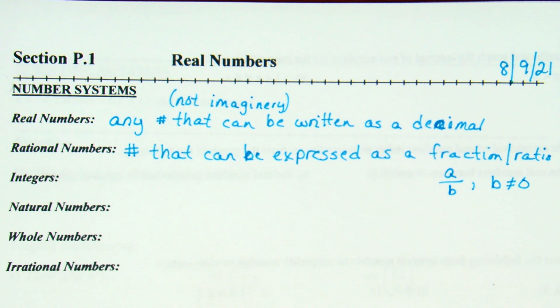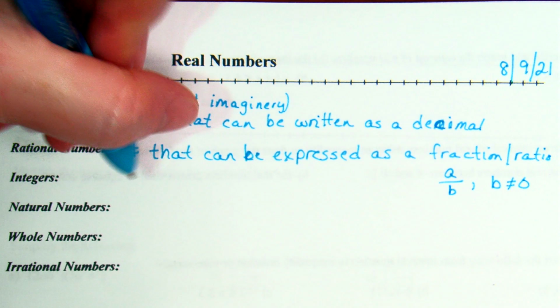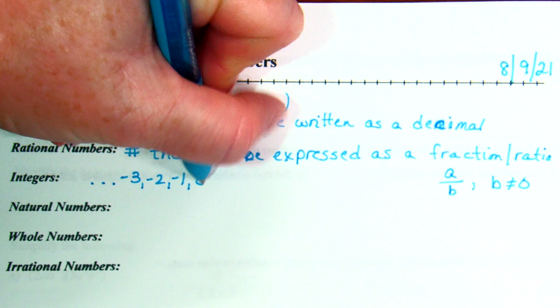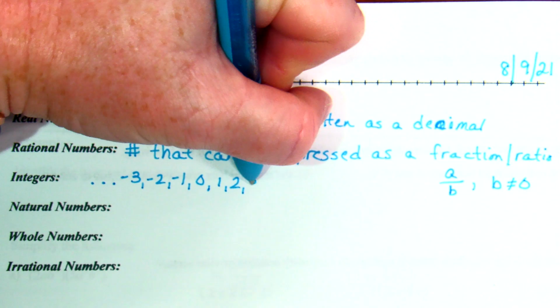Now, officially, we haven't defined whole numbers, but you guys know the idea of a whole number, right? Not a fraction or decimal portion. So positive or negative. What I do is, dot, dot, dot, -3, -2, -1, don't forget 0, 1, 2, 3, dot, dot, dot. Does that give you guys a good enough idea?